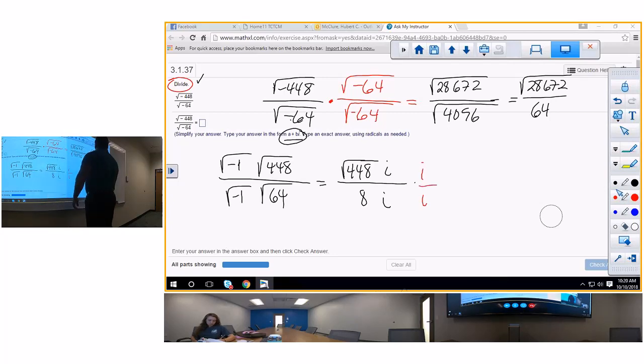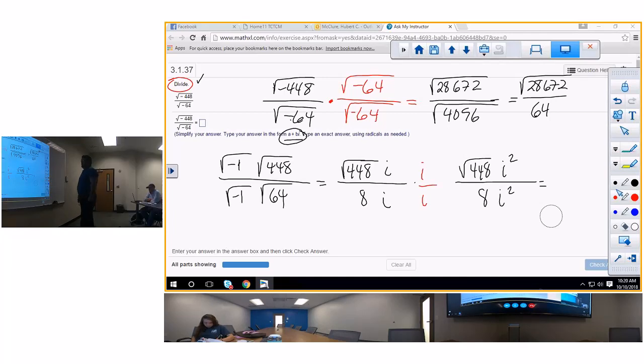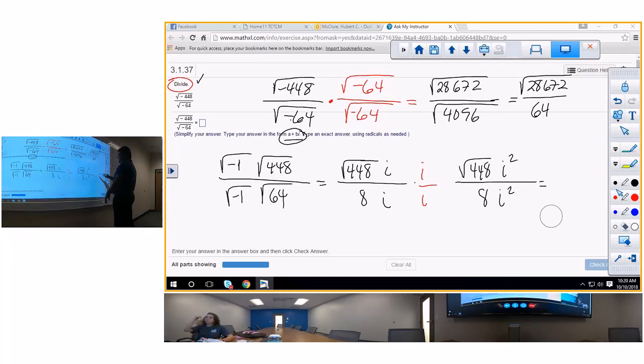And that's going to give me the square root of 448 times what? i squared over 8i squared. And that'll give me negative square root of 448 over negative what?